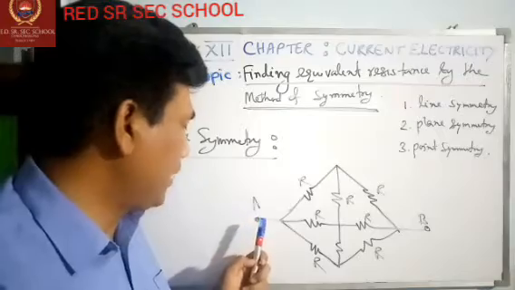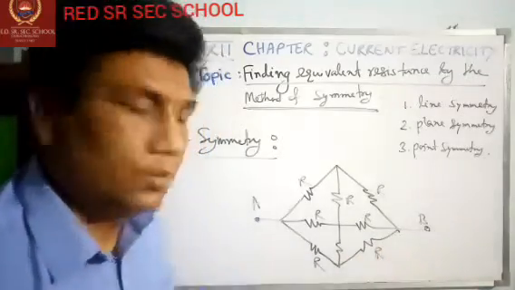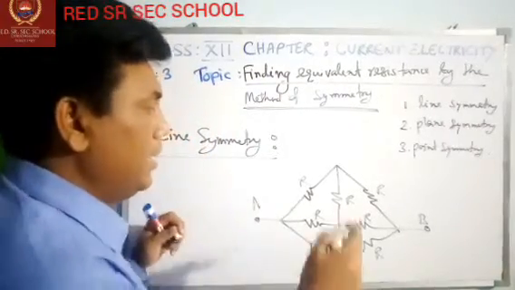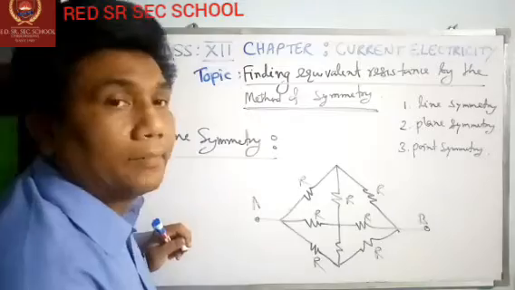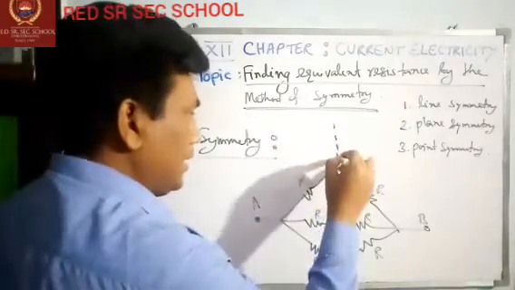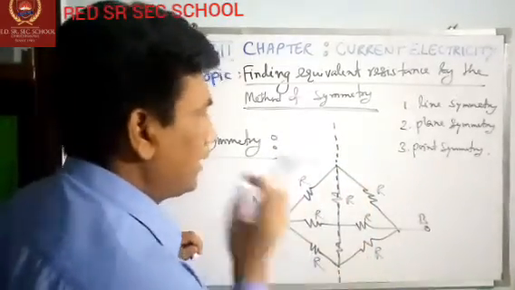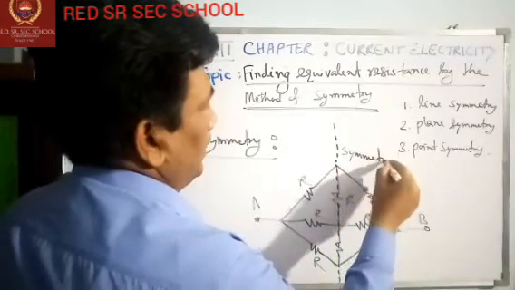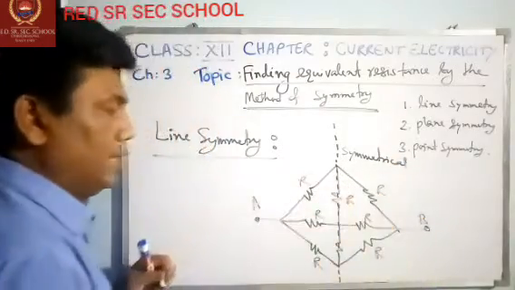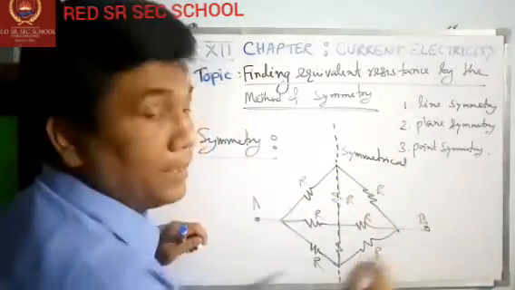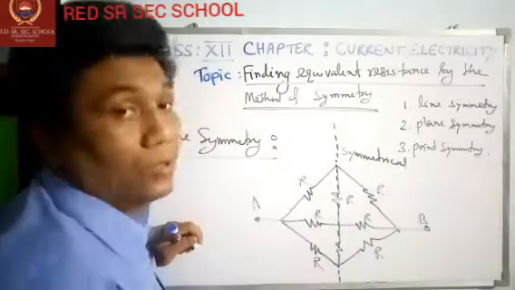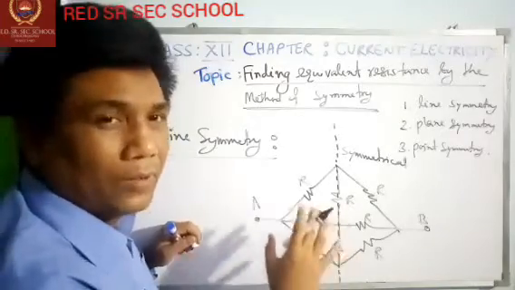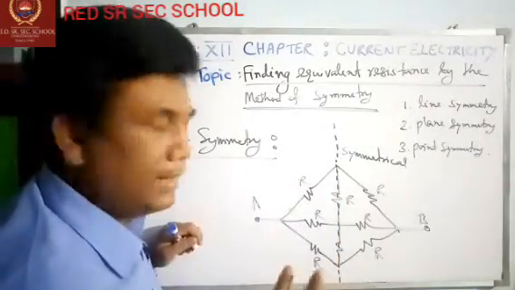Now I am going to find out the resistance between A and B, so this is the line joining A and B, and I need to draw the symmetrical line, which is perpendicular to A and B. So this is the imaginary symmetrical line. First thing, remember, this should be perpendicular to A and B, and this should be symmetric also. Just take the feel of the perpendicular.